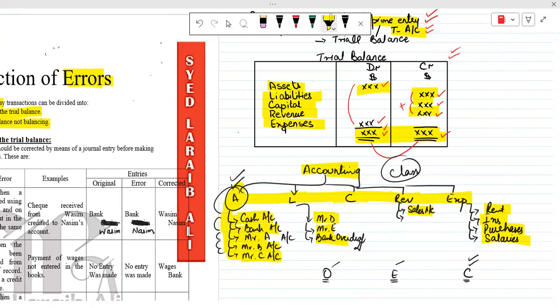If the figures are written on both sides, whether they are wrong or right, the trial balance is not going to be affected. For example, if there is a transaction in which the amount is written wrong on both the debit and credit side, the trial balance will be equal. Let me give you an example on that. We'll discuss this a little bit later.